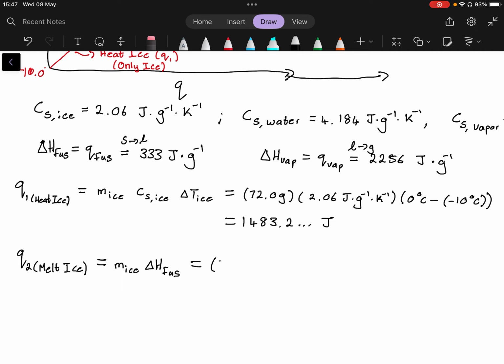Then this is going to be 72.0 gram multiplied by the 333 joule per gram. Why is there no delta T? Because there's no temperature change. And this one is going to be 23976 joule.